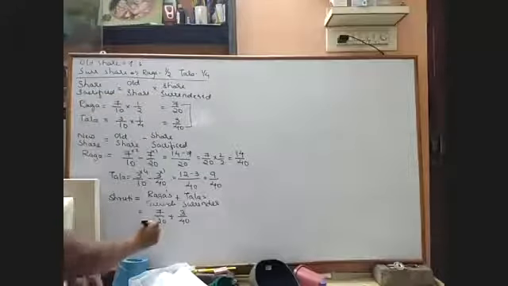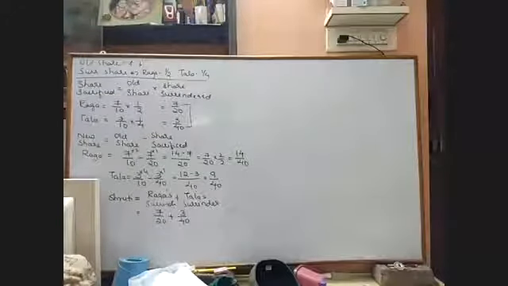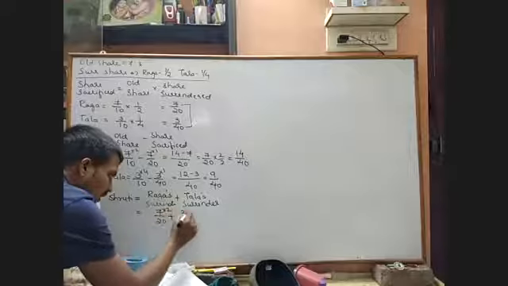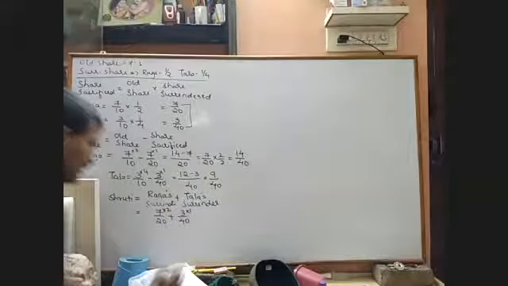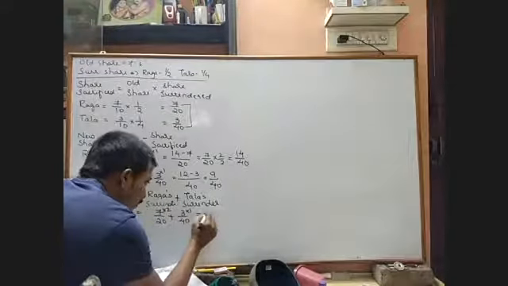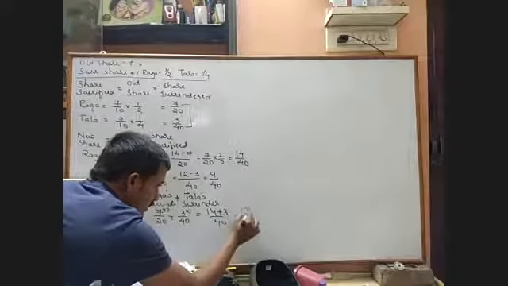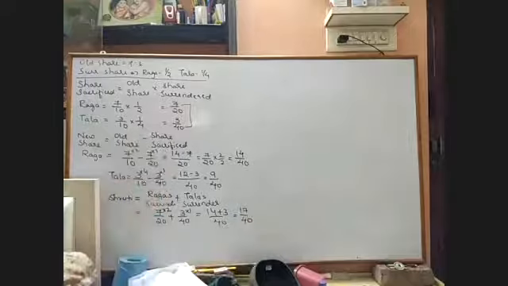So 20 और 40 का LCM 40 होगा. So it will be 20 twos are 40, 1s are, which leads to 14 plus 3 divided by 40, which is equal to 17 by 40.